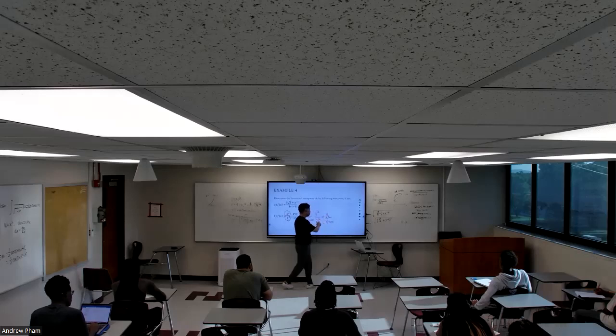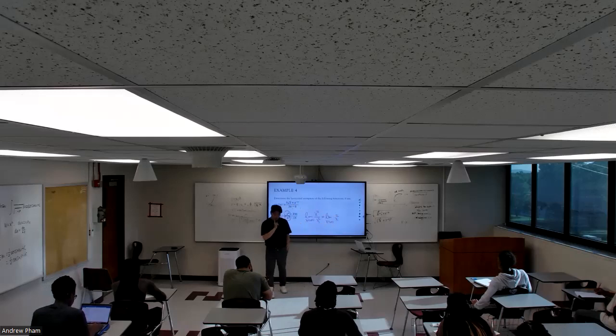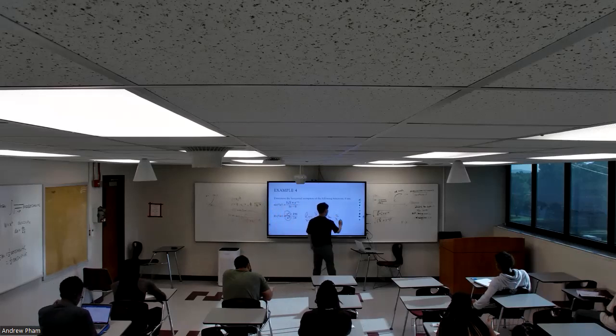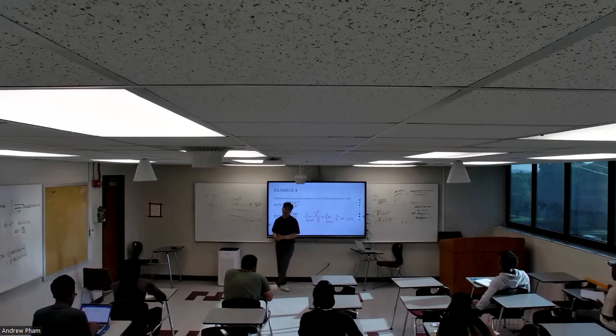Yeah, so x to the 4th over x squared, that's going to become an x squared. And then we can go back to our informal idea. What happens if you plug infinity into there? You get infinity squared, which is still infinity. So the limit is infinity.